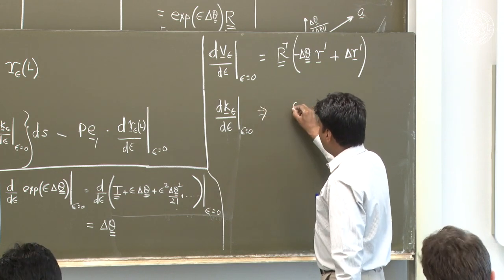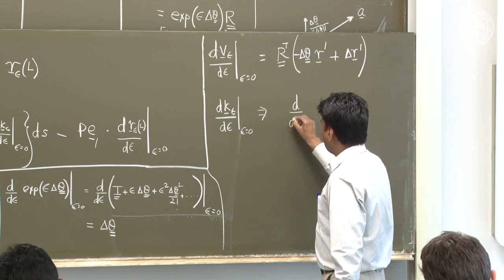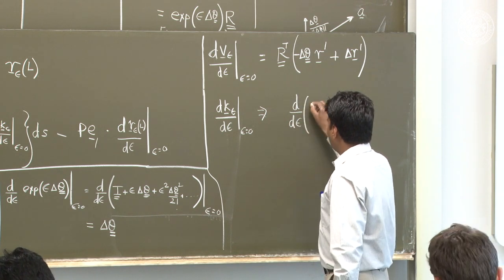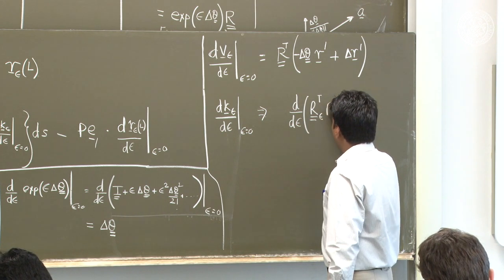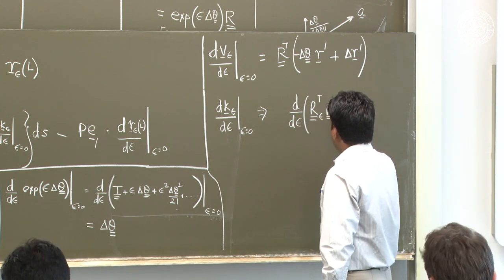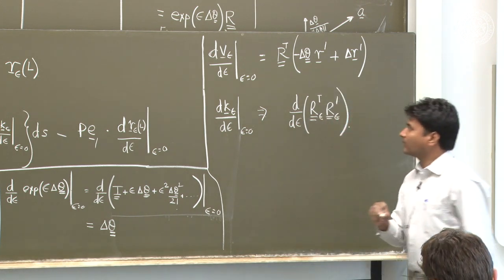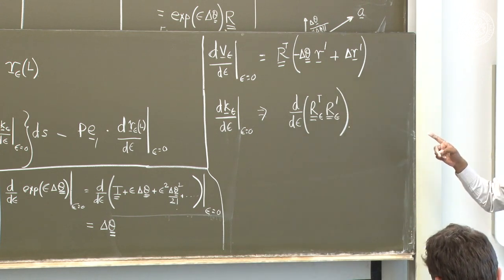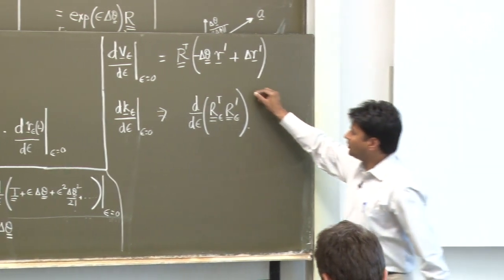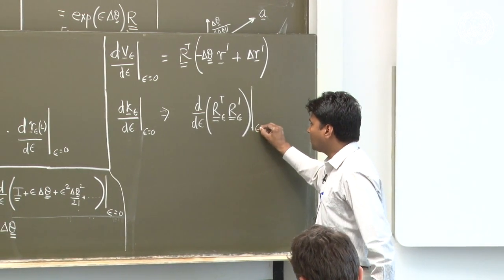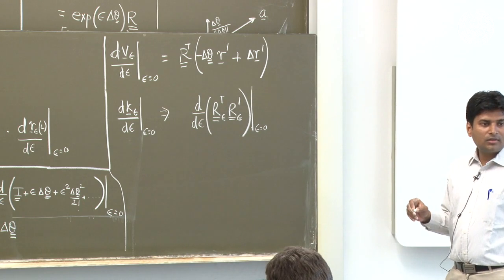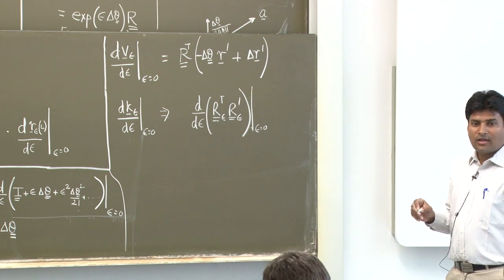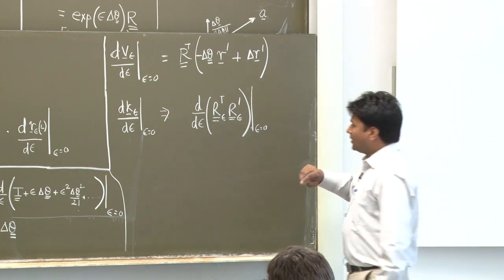So for that, we will first work out d by d epsilon of big R epsilon transpose big R epsilon prime, because once we get this, I'll just take the axial vector to get that, right? Okay, now doing that again is not so easy.